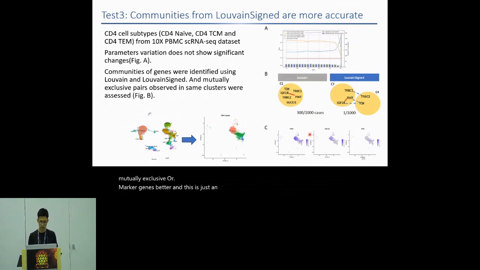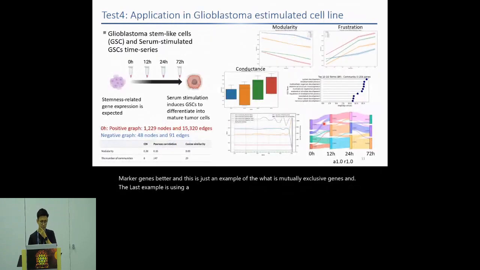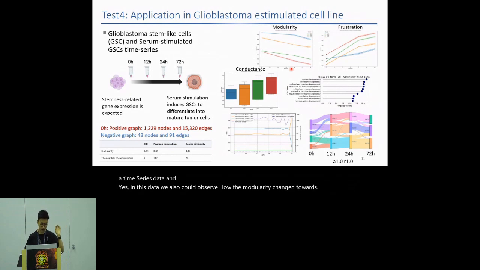And the last example is using a more challenging data set, which is glioblastoma, and that is time series data. In this data, we could also observe how the modularity changed with the parameters we have, but also with the time series.